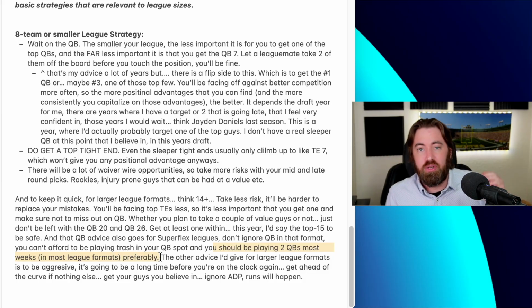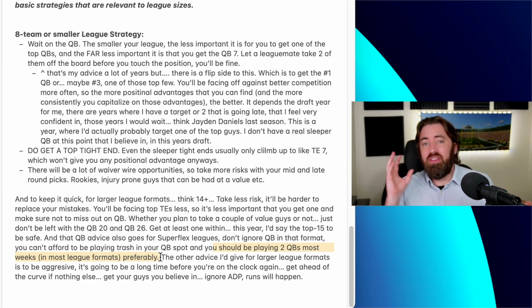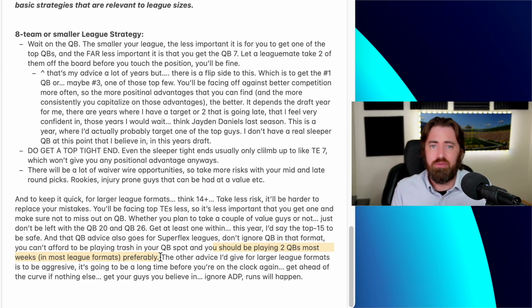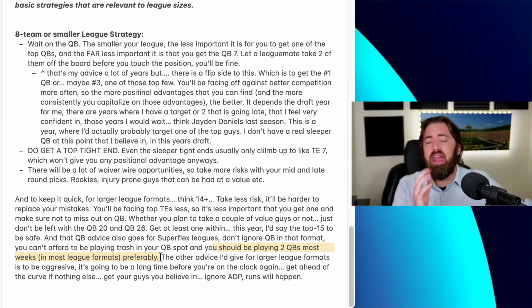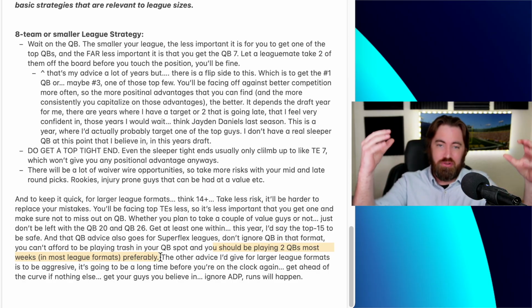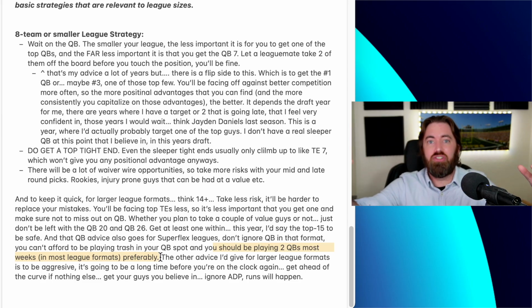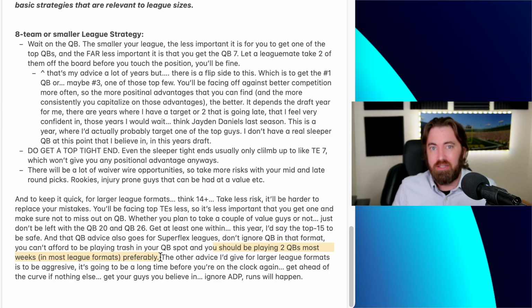The disparity between the top quarterback in a 4-point passing league and a wide receiver in a full PPR league is less than a quarterback in a 6-point per passing league and a wide receiver in a non-PPR league. So these strategies stack on each other too, depending on all the different variables within your league format, league scoring, etc.